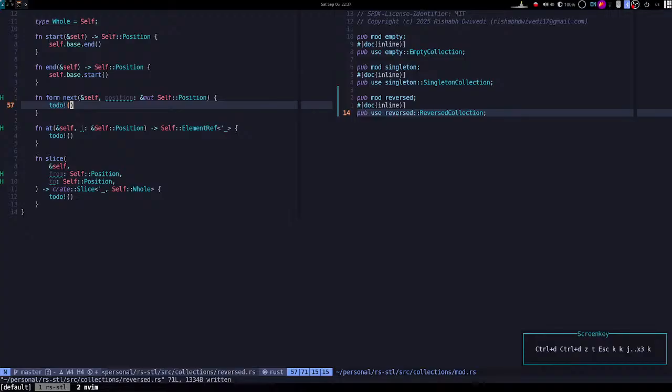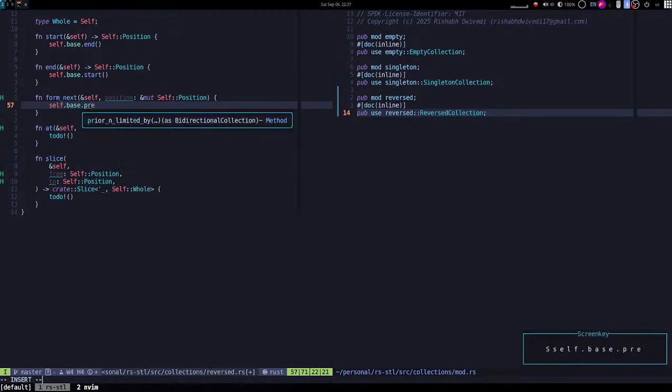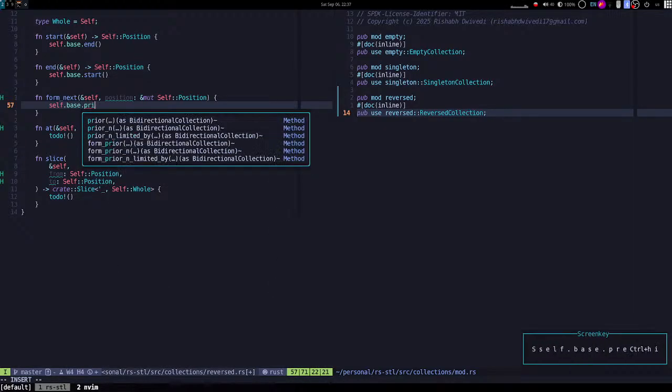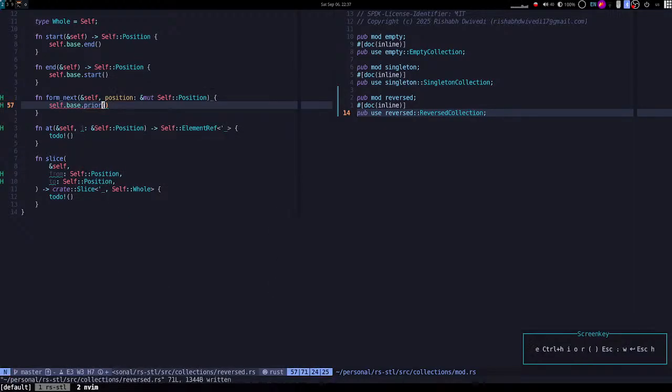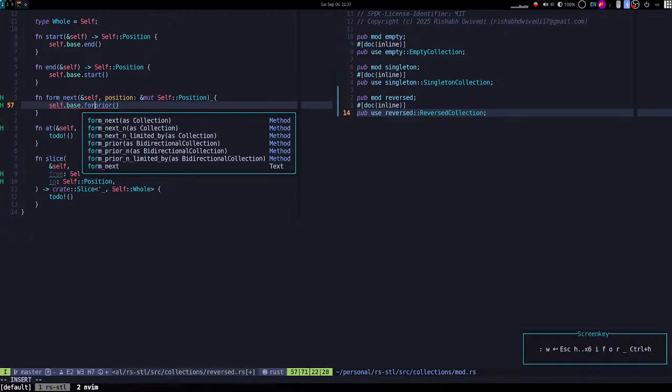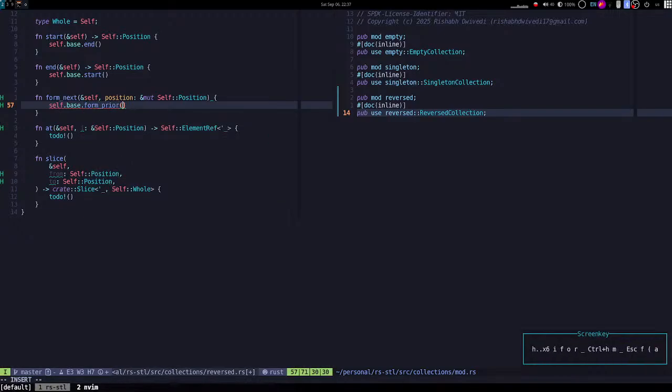So for getting to the next element, you basically go to the previous position here, so self.base.prior basically. Okay, form prior, right? And you pass position. And for accessing the current element, you have the element.